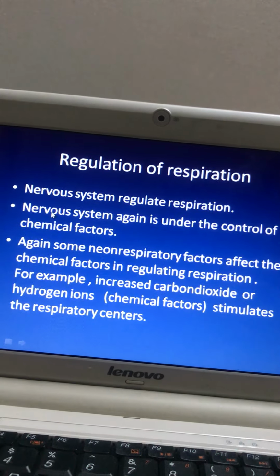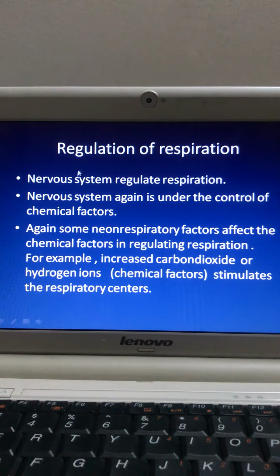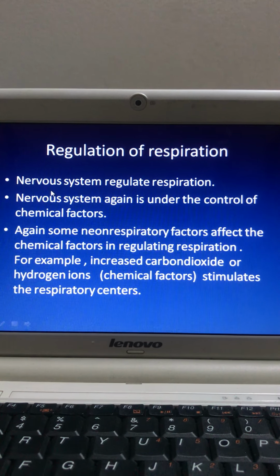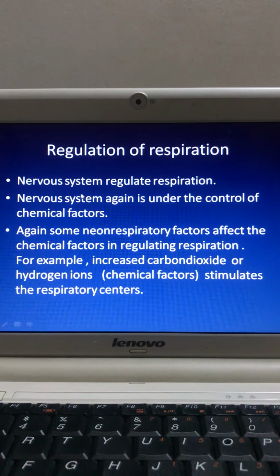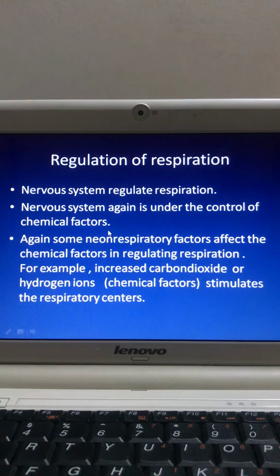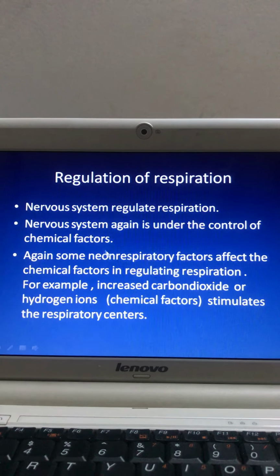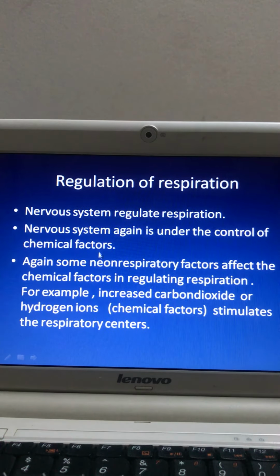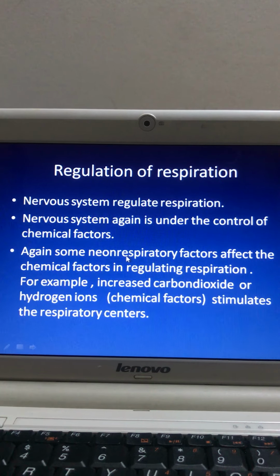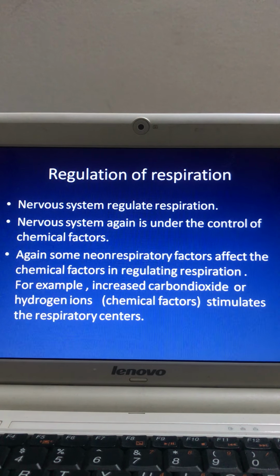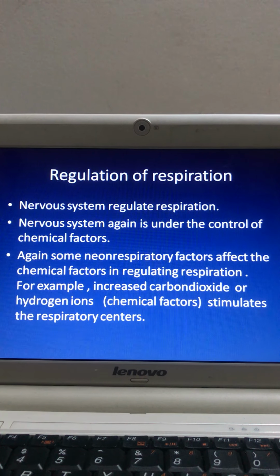Respiration is regulated by the nervous system. Again, the nervous system is affected by the chemical factors, and the chemical factors are again affected by the non-respiratory factors. Now next question, what are the non-respiratory factors?